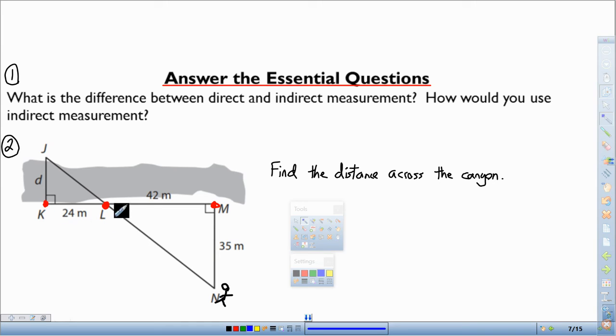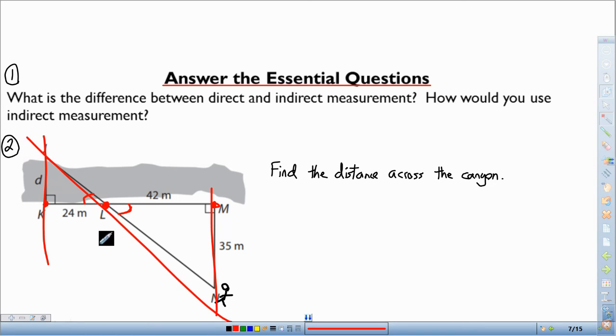But since we can get these values, if you notice, what's being created are these similar triangles, which are similar because these vertical angles are congruent, and these lines here would be parallel. Parallel lines and transversals.